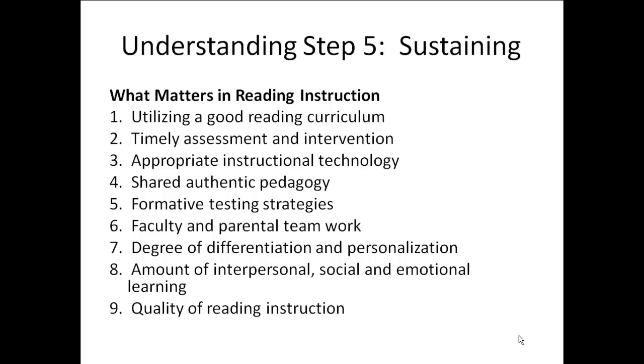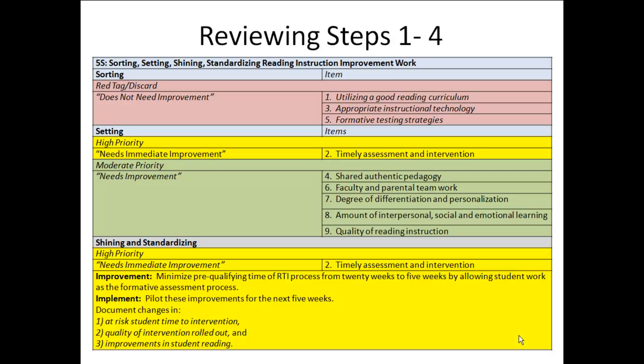So these 9 items have been developed. Now, let's just quickly review steps 1 through 4. Again, these are in other videos in this series, so you can listen to those to get a little more insight. But basically, the 4 steps before sustaining are to sort, set, shine, and standardize.